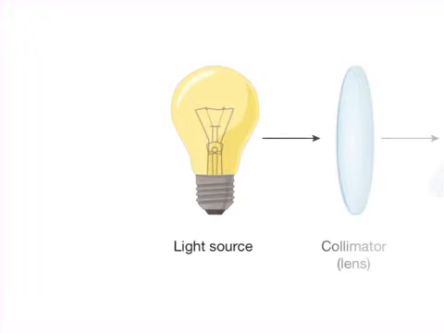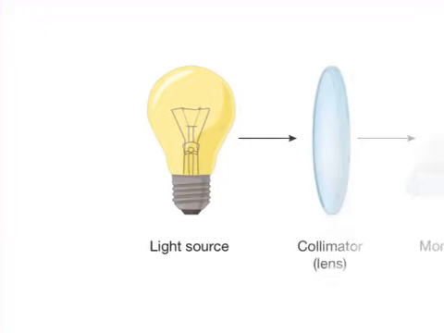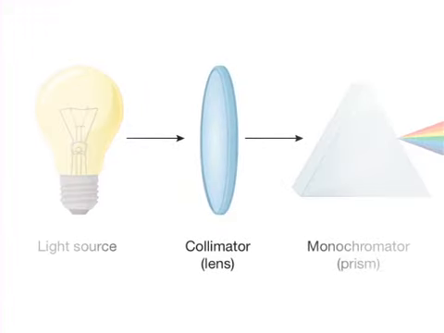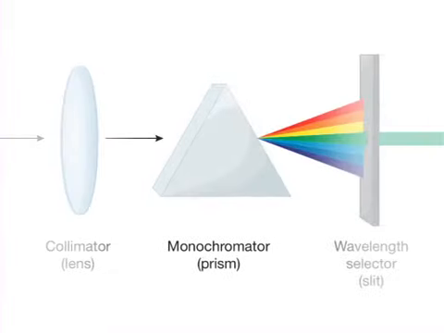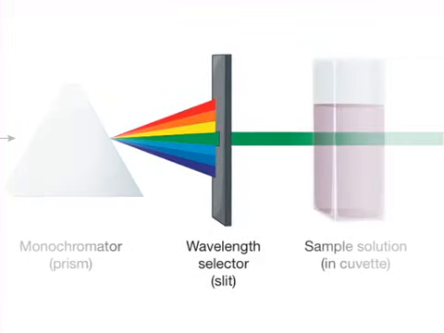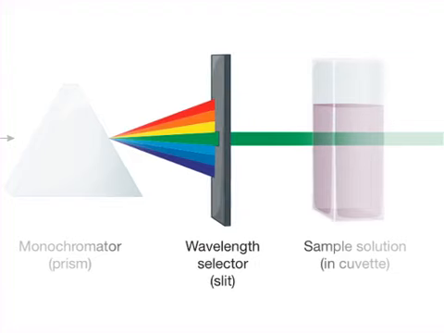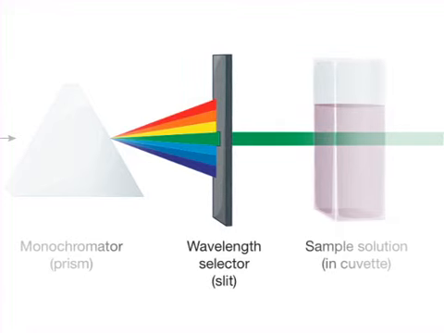Each spectrophotometer includes a light source, a collimator, which is a lens or focusing device that transmits an intense, straight beam of light, a monochromator to separate the beam of light into its component wavelengths, and a wavelength selector, or slit, for selecting the desired wavelength. The wavelengths of light used in spectrophotometers discussed in this video are in the ultraviolet and visible range.